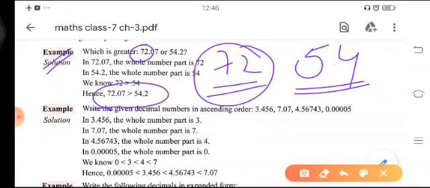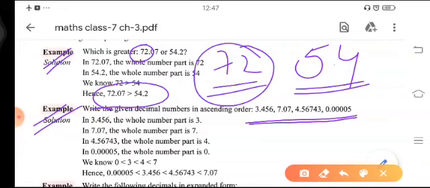Similarly, a second example is given, with many numbers like 3.456, 7.074, 4.56743 and 0.00005. We have to compare which is the greater and which is the smaller number, and write them accordingly. So first we will consider the whole numbers.